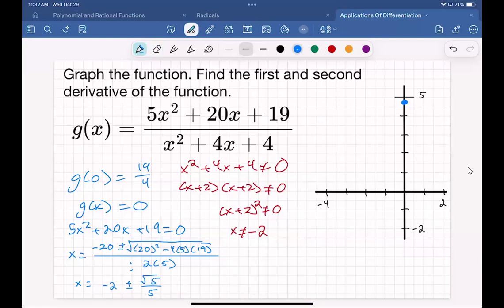Once you simplify that all the way down, make sure you're getting something that looks like -2 plus or minus the square root of 5 over 5, or another way to write that would be -10 plus or minus the square root of 5 all over 5.